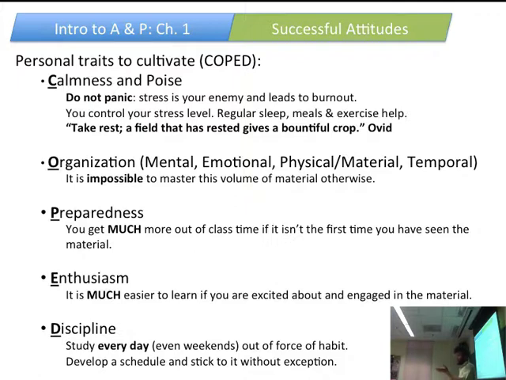You are the person that needs to maintain an ego boundary, meaning you can see the emotions that everybody else has, but you decide what your emotional response is going to be. You remain calm and poised so that you can make the right sorts of decisions in a timely fashion, so that you can be the level head in the room. It's really important. Do not panic.